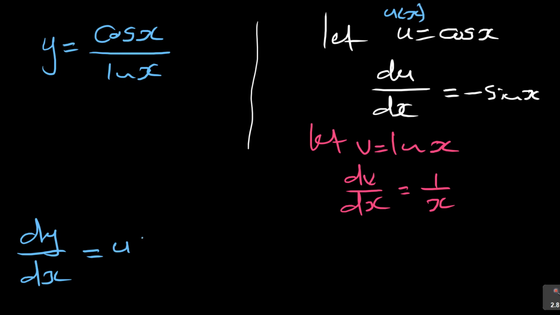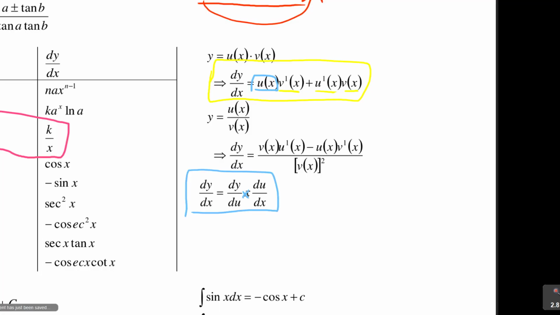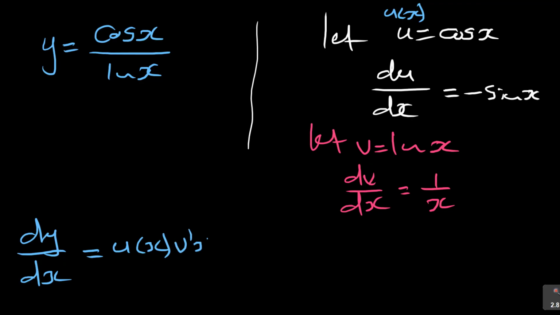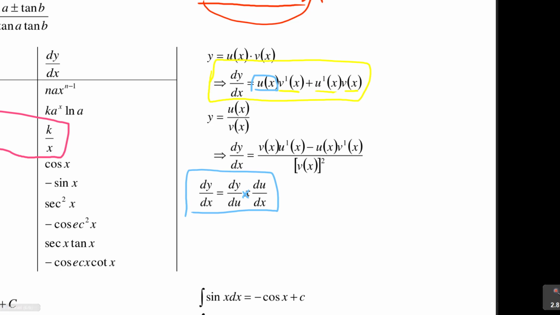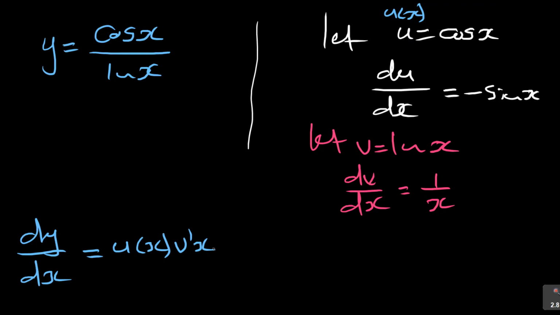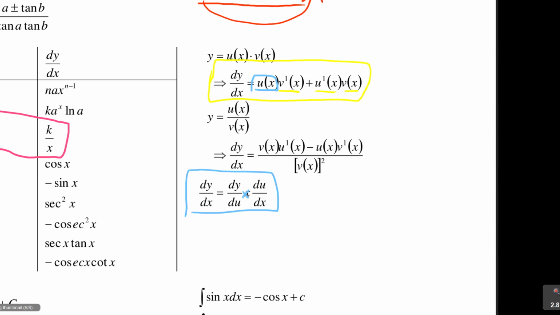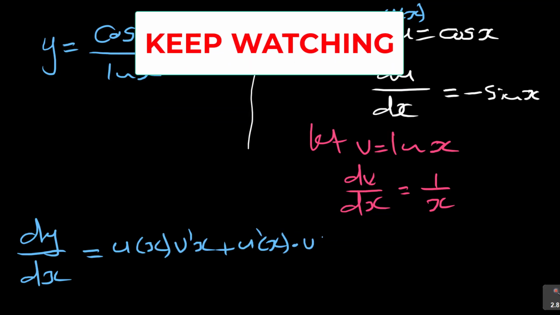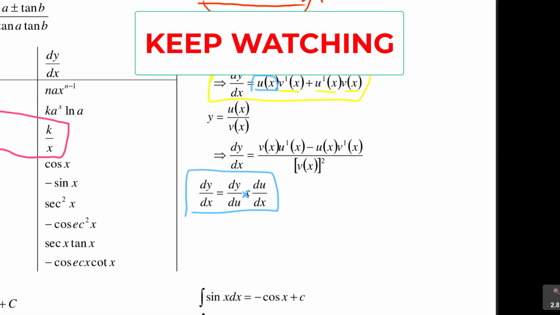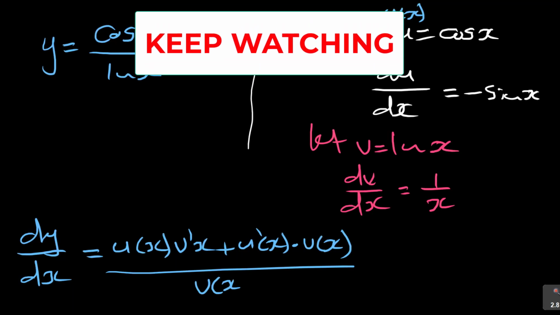I'm taking that formula, and then v prime of x, this one, and then plus u prime of x times v of x, and then all over v of x squared. This is the formula there.